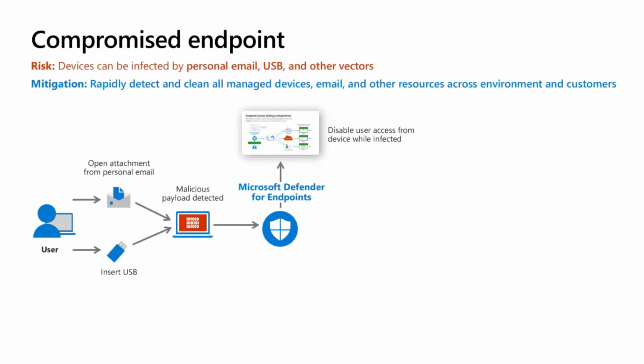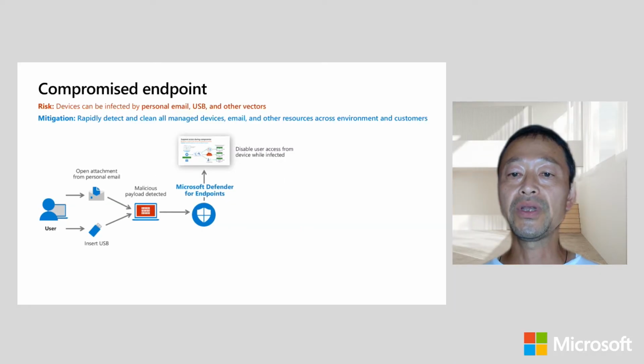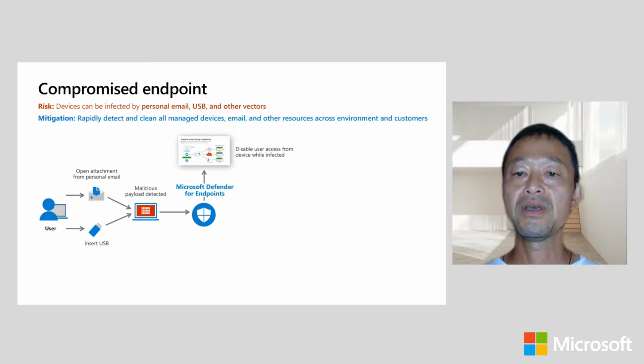So various entry points are possible, and usually this infection starts from personal devices rather than your corporate PCs or endpoints, because your corporate endpoint is protected by Microsoft Defender for Endpoint, but suppose your personal device is not protected.